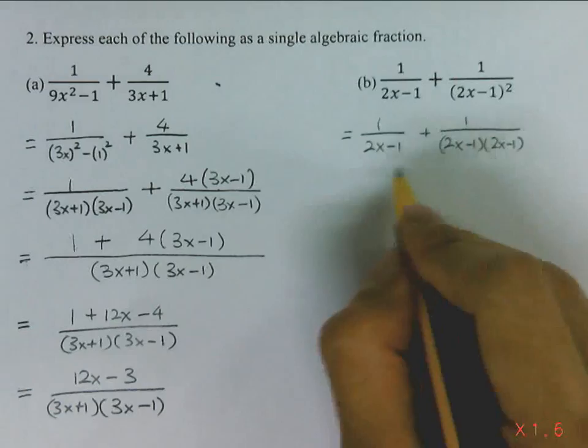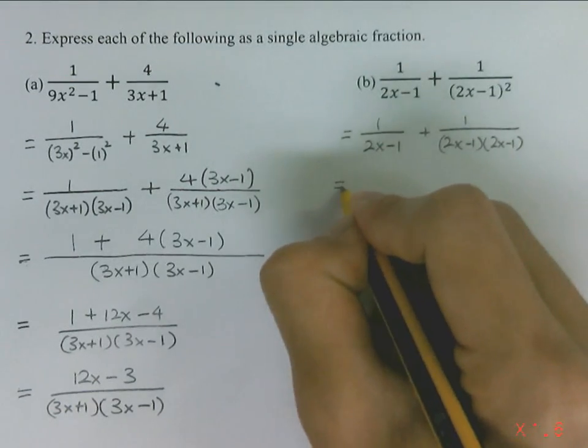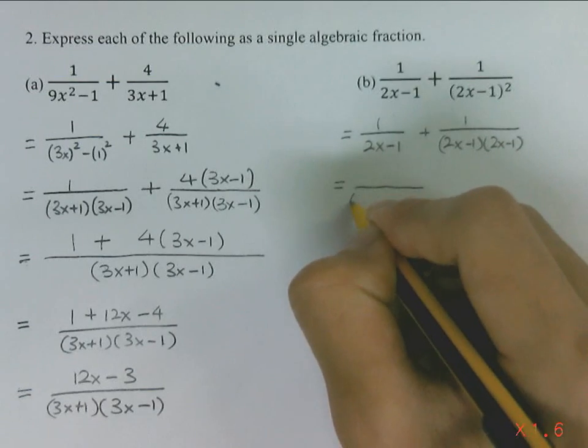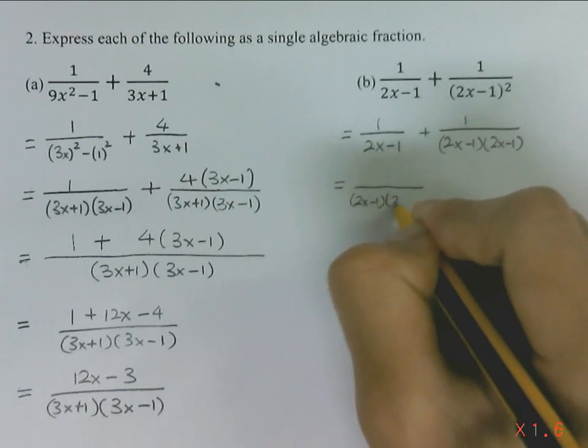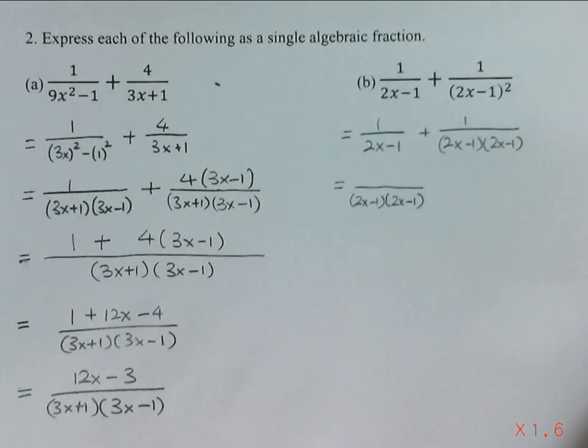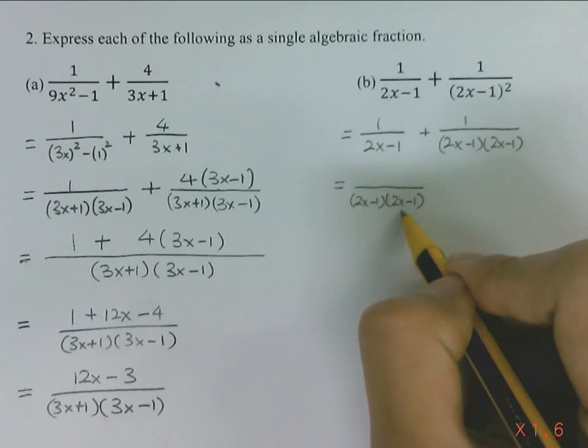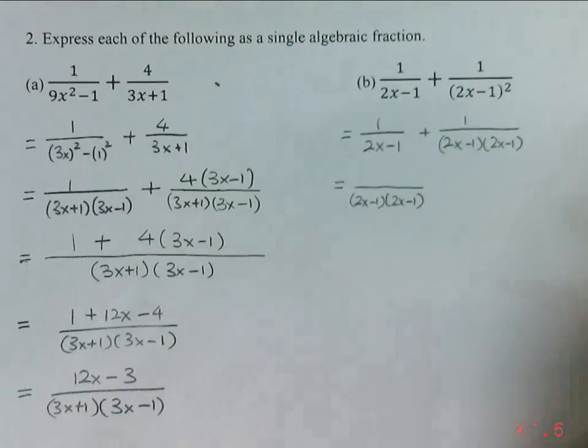So comparing, I notice that the common denominator is supposed to be 2x minus 1 squared, which means it has two factors of this 2x minus 1. So similarly, if I multiply the denominator by 2x minus 1, I should do the same with the numerator.